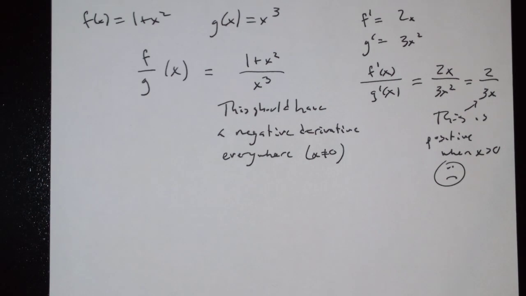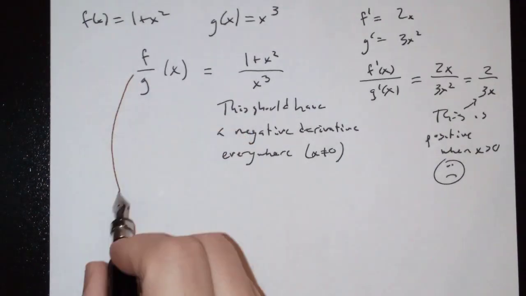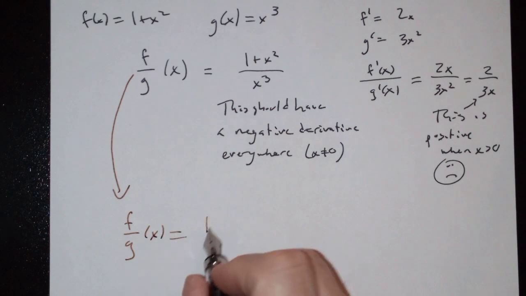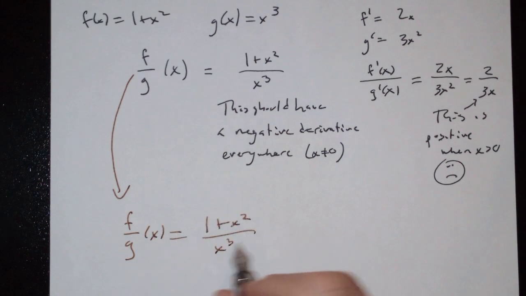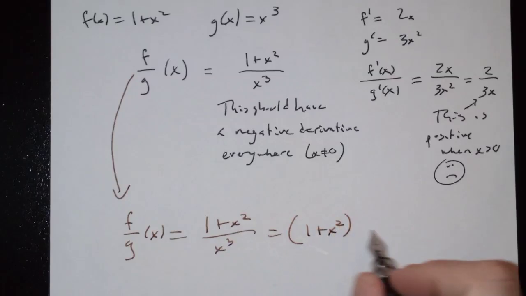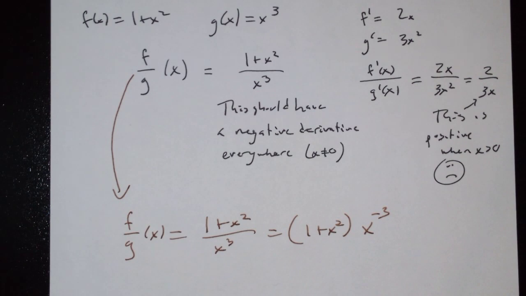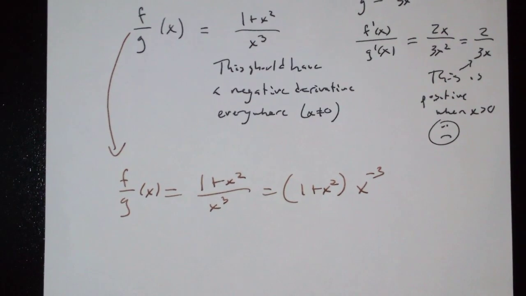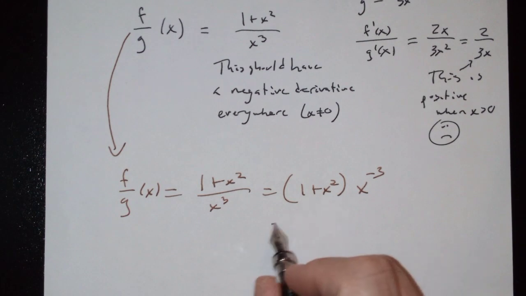So if I want to do this, I can take this expression and rewrite it: keep the top, change and flip the bottom. Well, now I can do the product rule. Or I could multiply it out, couldn't I? Because those are all powers of x. If I multiply this out, what do I get?